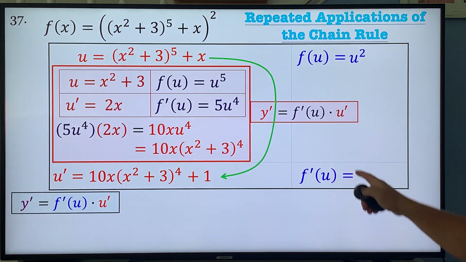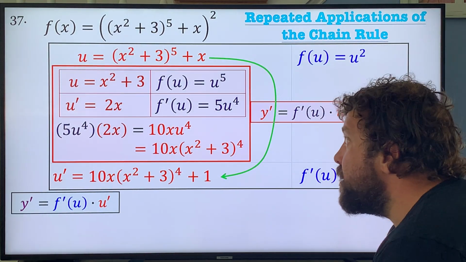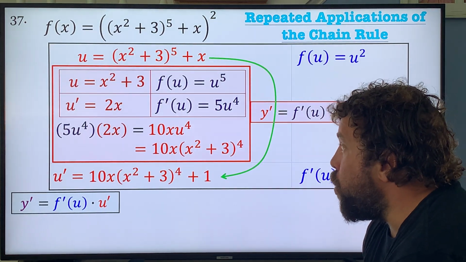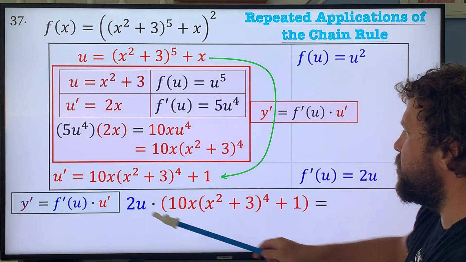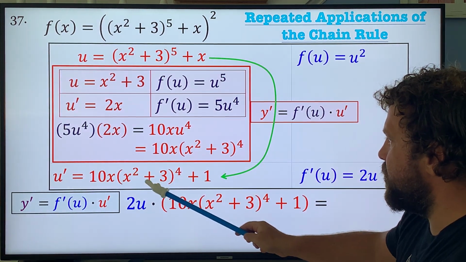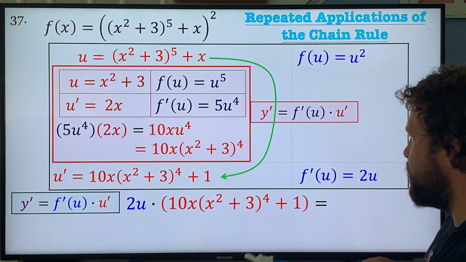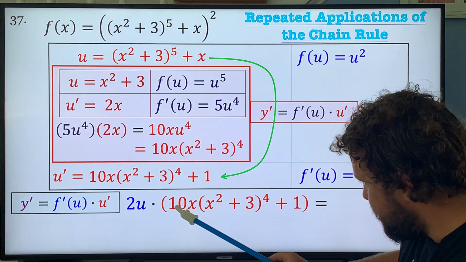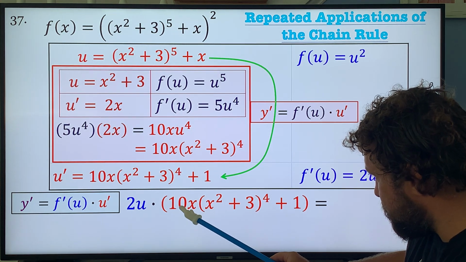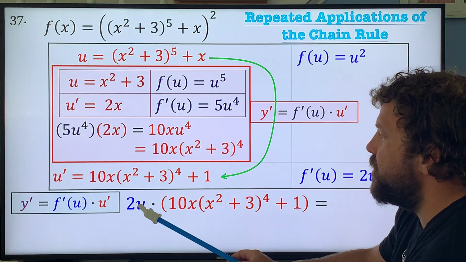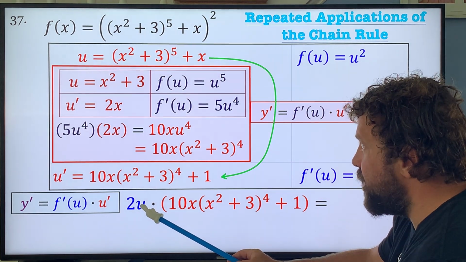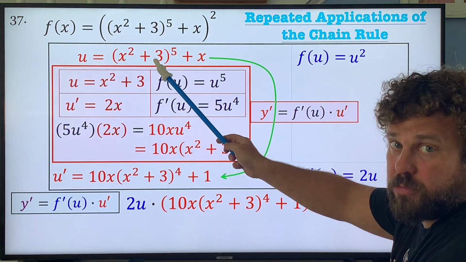Derivative of u squared, 2u. Now, this times this. 2u times 10x, x squared plus 3 to the fourth power plus 1. So I can do a 2 times 10x times 1 if I want, or just leave the 2 out front. How about I just replace the u? Now when I replace this u, I replace it with my original u.